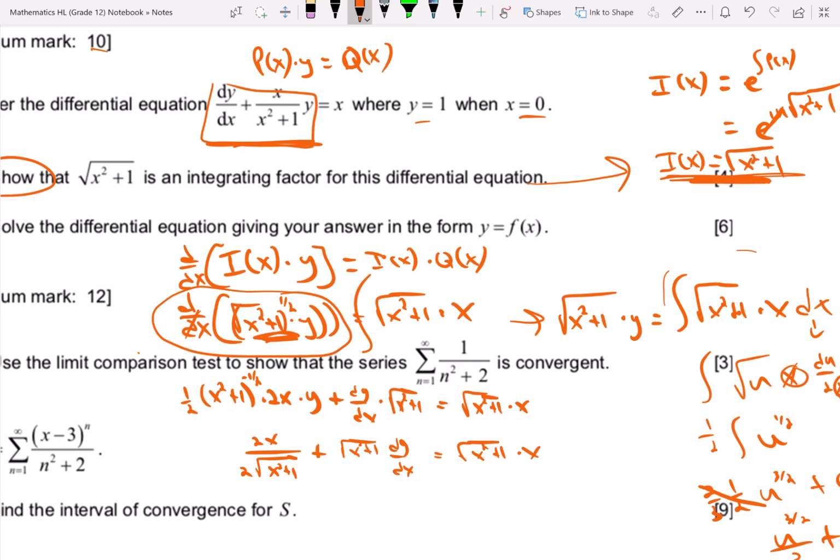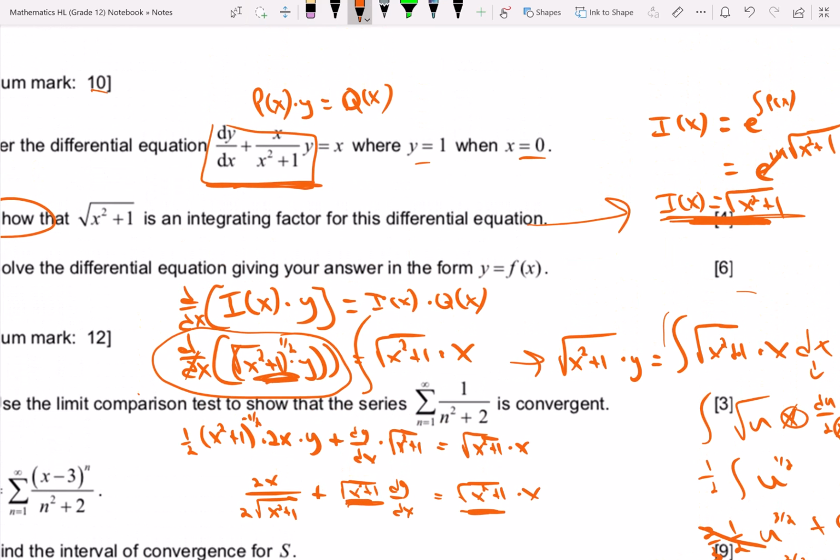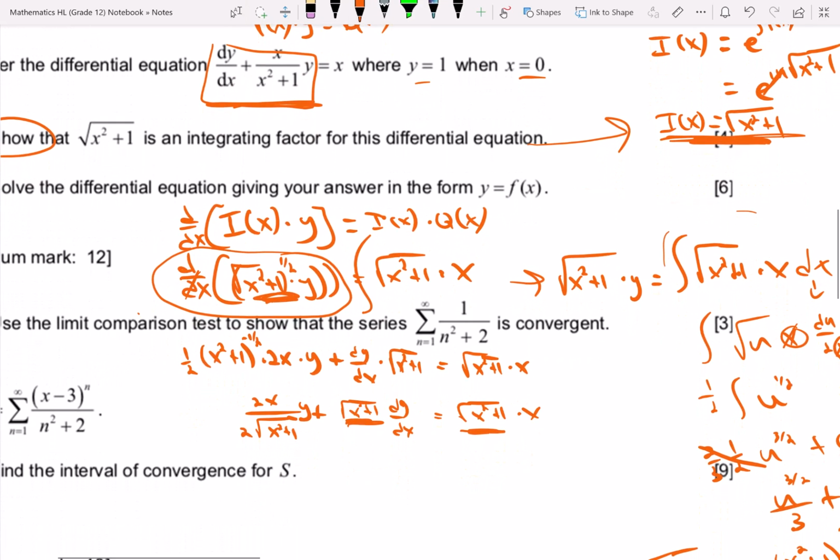So what should happen is I should be able to find a square root of x squared plus 1 in all of these that I can then factor out and end up back where I started with a form like this. And I'd lost my y right here. There should be a y there.